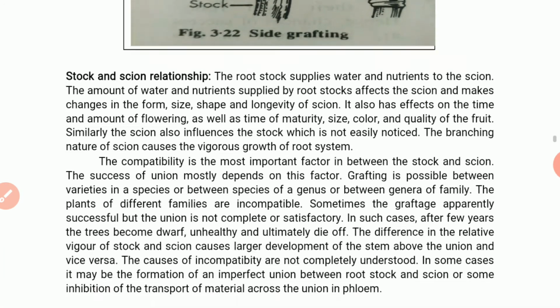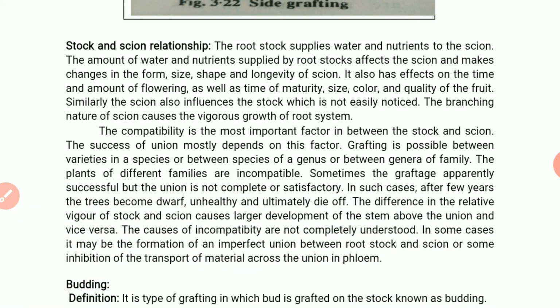So let's see the stalk and scion relationship. The rootstock supplies water and nutrients to the scion. The amount of water and nutrients supplied by rootstocks affects the scion and makes changes in the form, size, shape, and longevity of the scion.